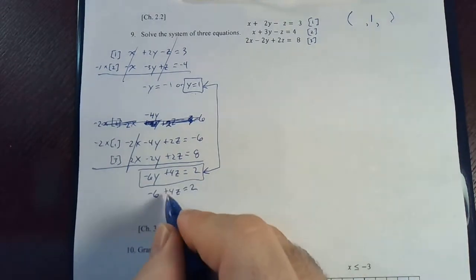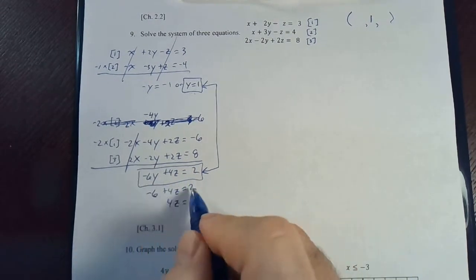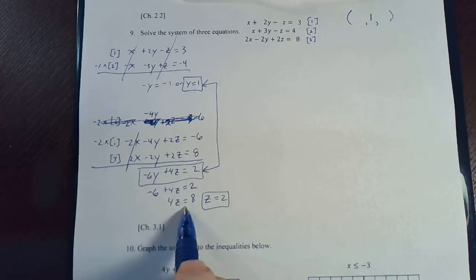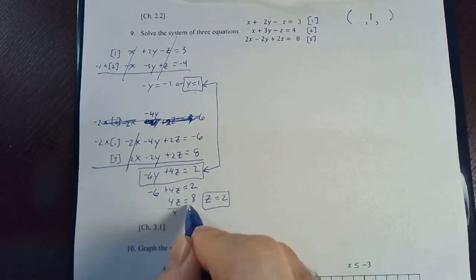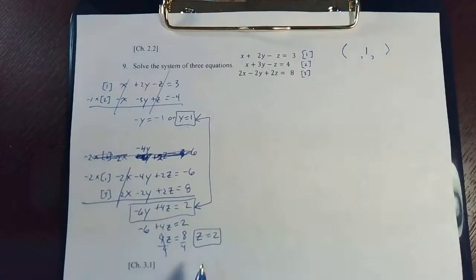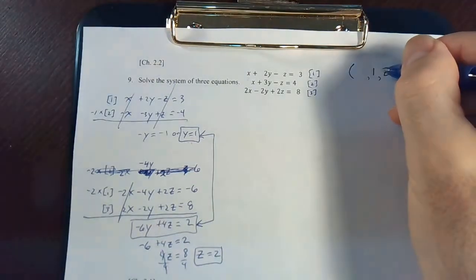So if I add 6 to both sides, I get 4z equals 8, so z is equal to 2, because I divide both sides by 4 here. All right, so z we know is a 2.